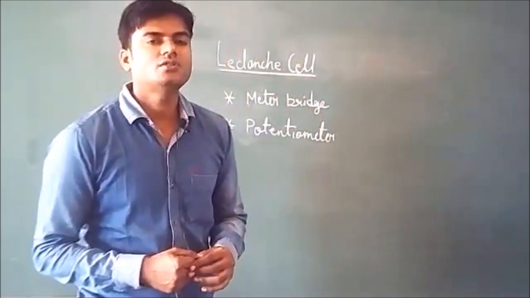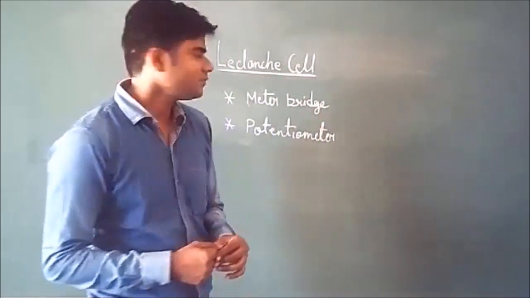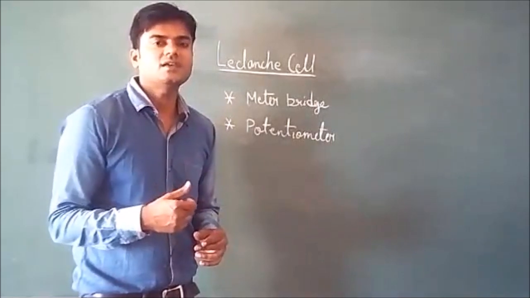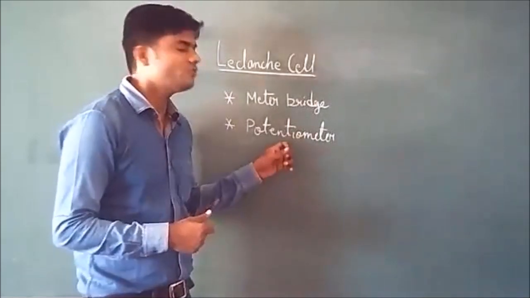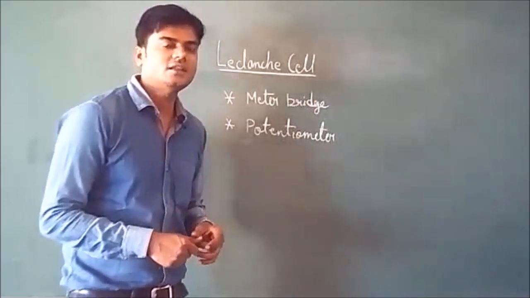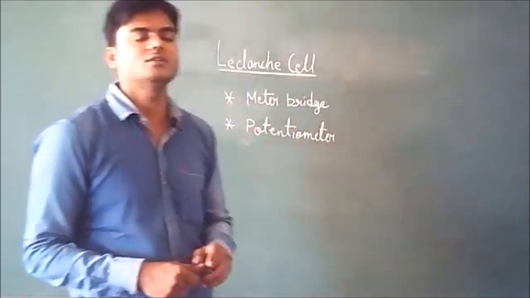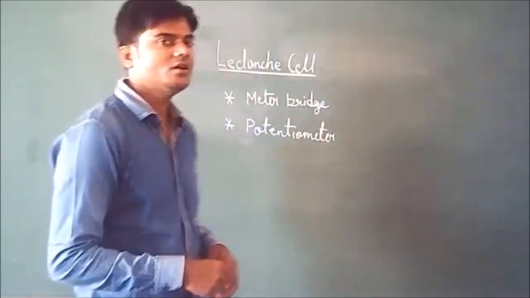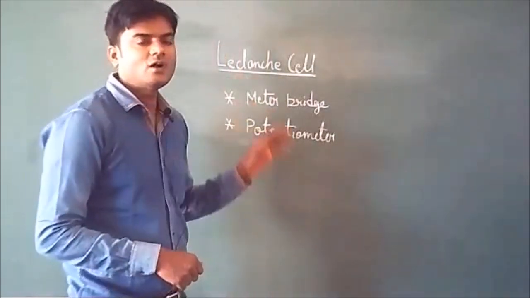And one more thing will be comparing the EMF of the cells with the help of a potentiometer. So we'll see the Leclanché cell as well as one more cell, which we'll understand later on, that will be the Daniell cell.